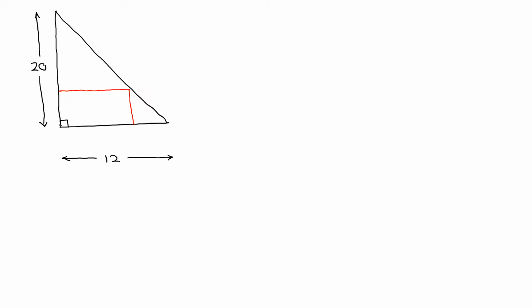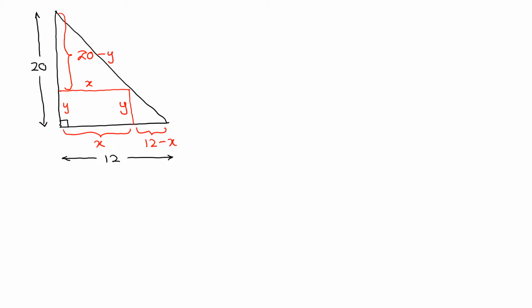I'm going to pick this side: the length of the rectangle is x, so the remaining part is 12 minus x, and let's call the width of the rectangle y. So this is x, and this is y. Since it's all together 20, this part is going to be 20 minus y. Those are the geometries we get.